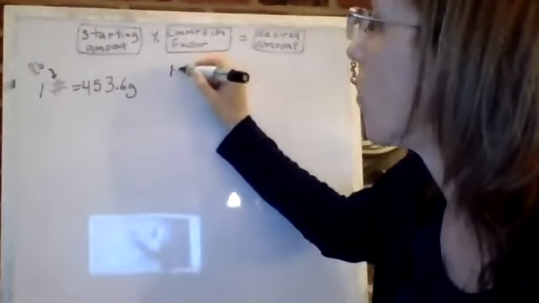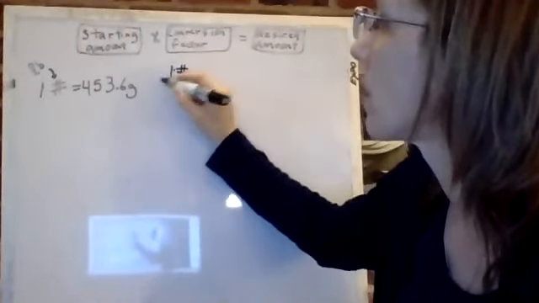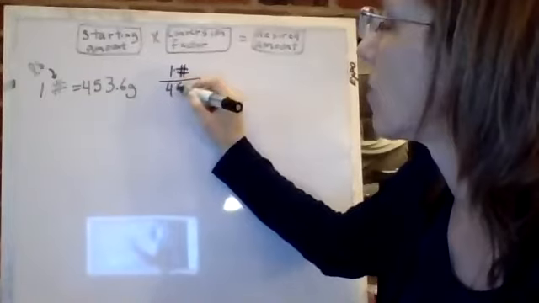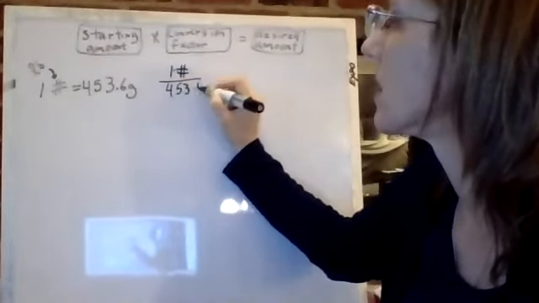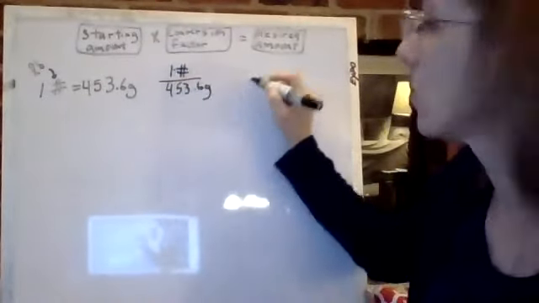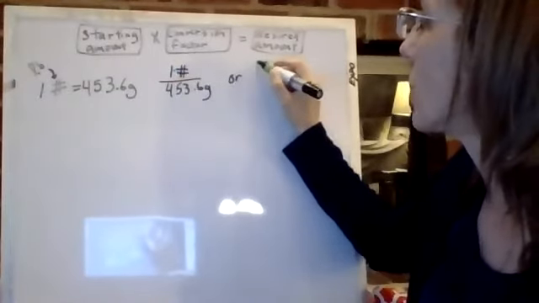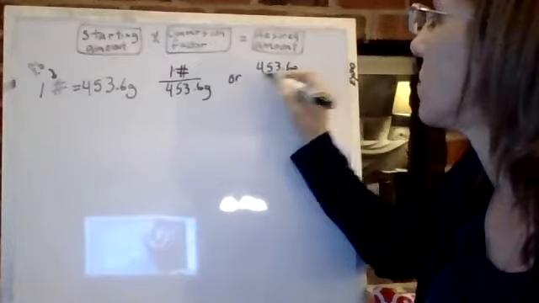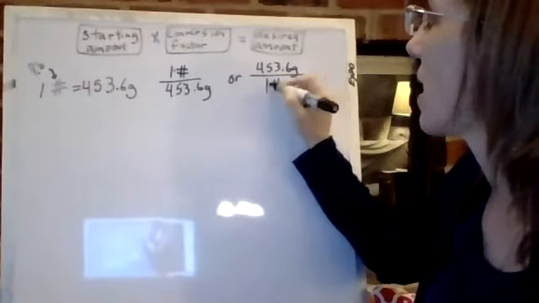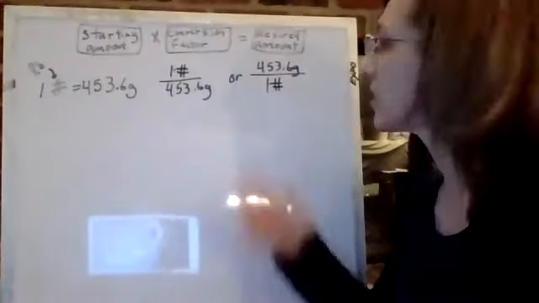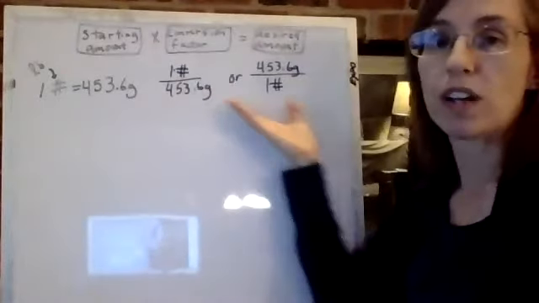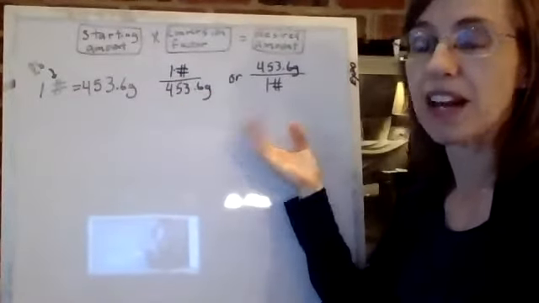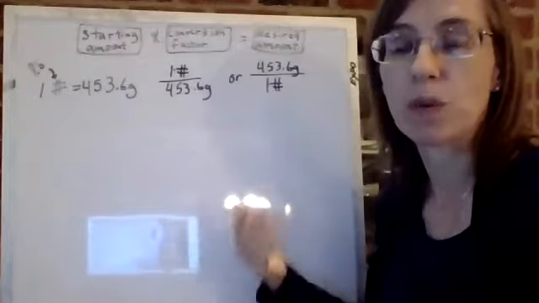We can put the 1 pound on top and the 453.6 grams on the bottom, or we could put the 453.6 grams over the 1 pound. Now the question is, when do we use one and when do we use the other? And I think you'll see this when we do an example.